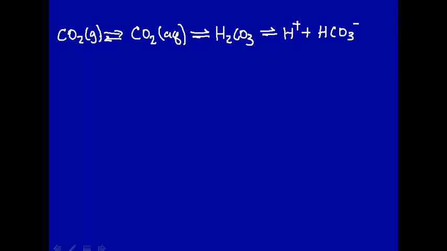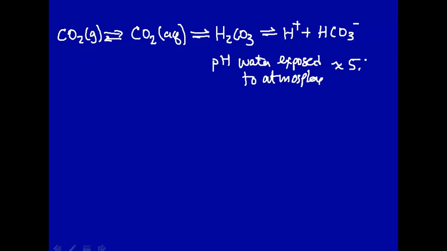In fact, it's because of this reaction that the pH of water exposed to the atmosphere is about equal to 5.5. So it's acidic. It's acidic because carbon dioxide dissolves and produces protons.